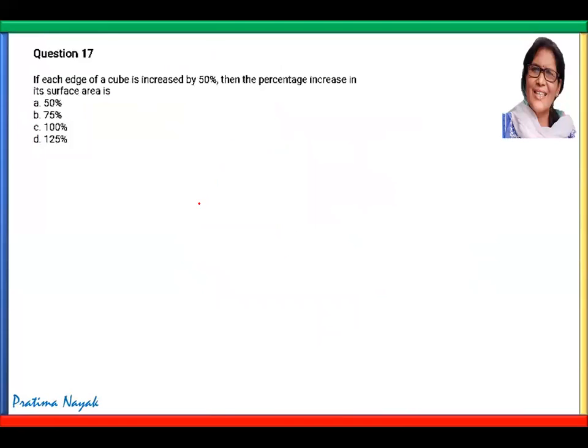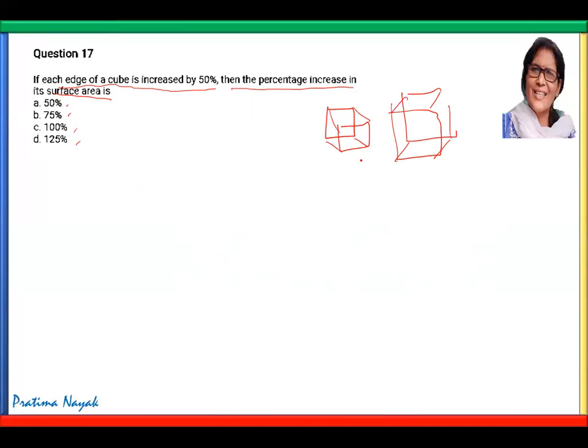Question number 17. If each edge of a cube is increased by 50%, then the percentage increase in surface area is 50%, 75%, 100%, 125%. So there was a cube. The sides are increased by 50%.